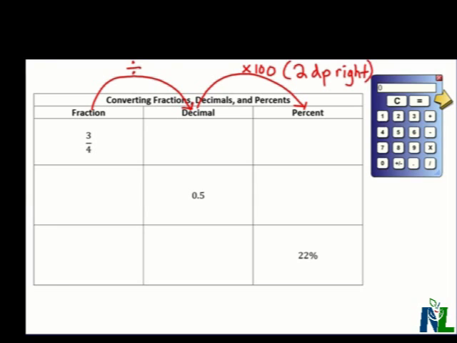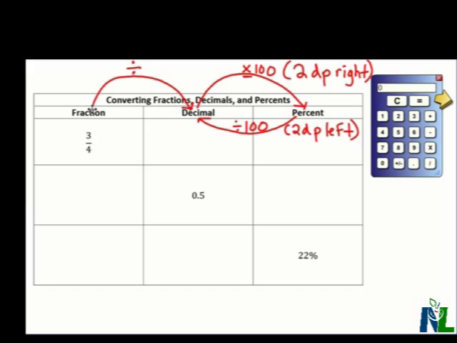Coming backwards from percentage to decimal, we just undo the multiplication from above by the opposite operation of division by 100, which means two decimal places left.